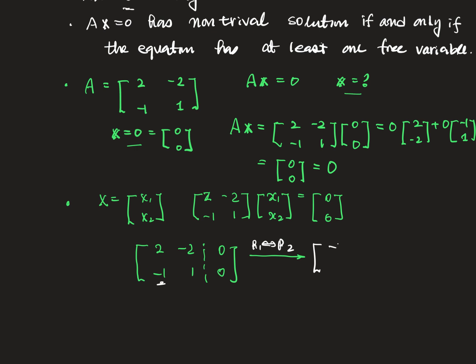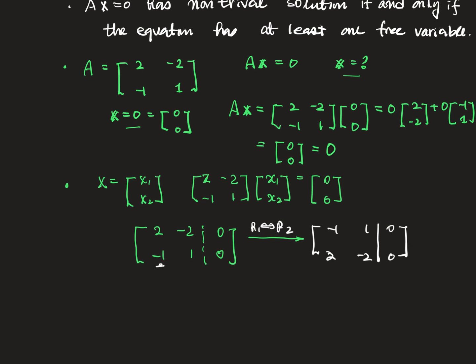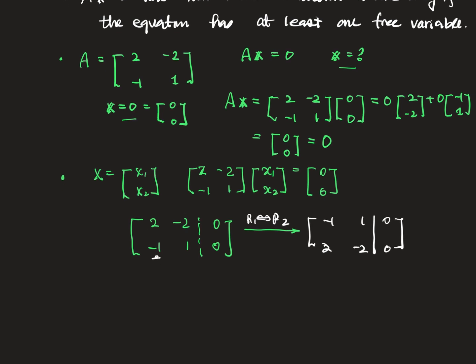So I'm going to do it. All right, next step: this guy is going to be negative 1 times R1 to make it 1. So this one is 1, negative 1, 0, 2, negative 2, 0.